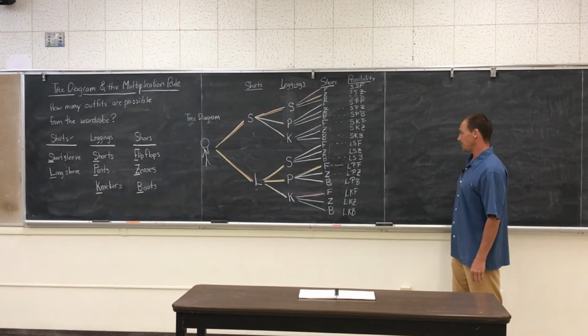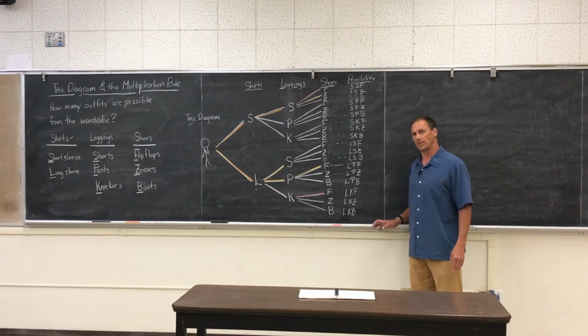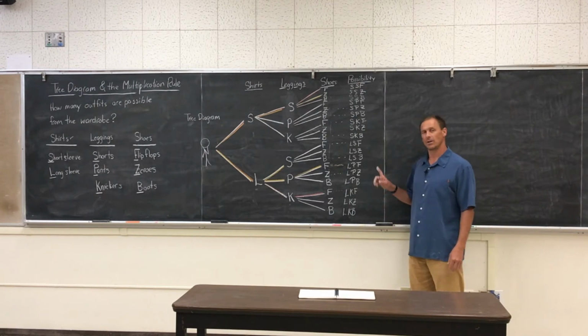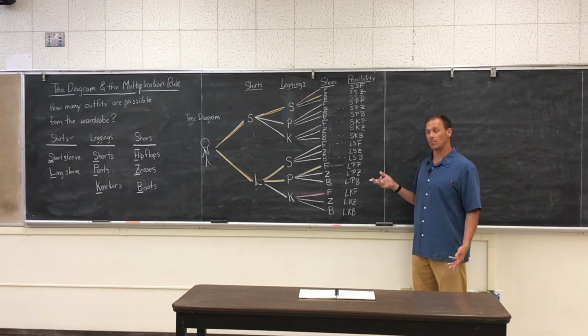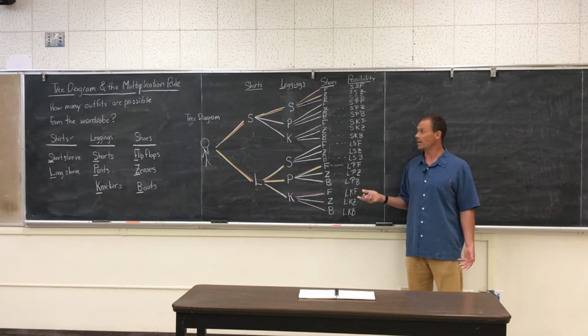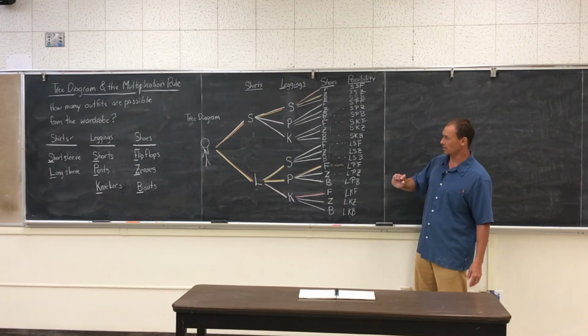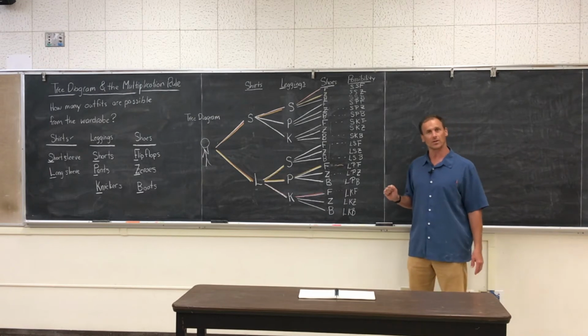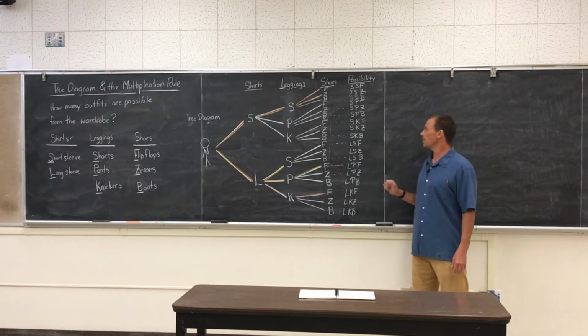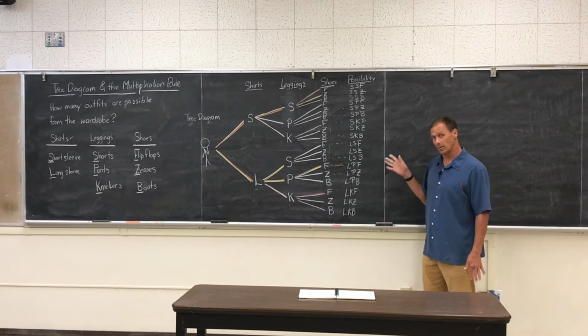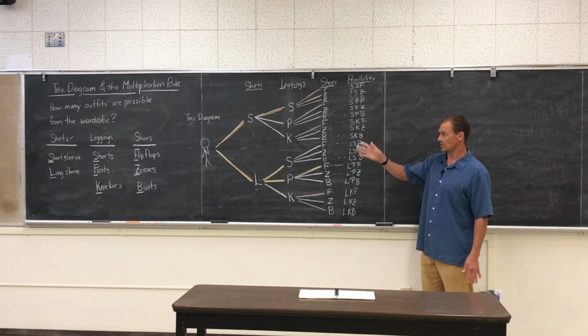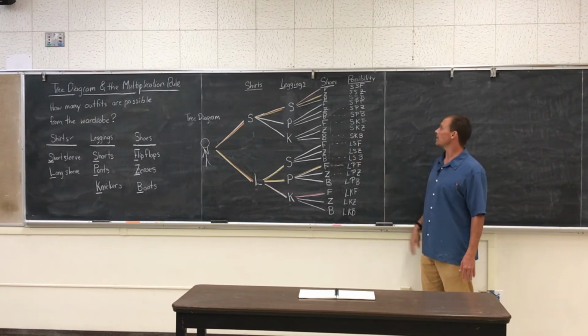That took a bit, and there's a really good point to this. Here's what we wanted to do. The question was, how many different wardrobes could you make with just, how many articles of clothing is that? That's just 8 articles of clothing. 3 categories of clothing: shirts, leggings, shoes. But look at this.